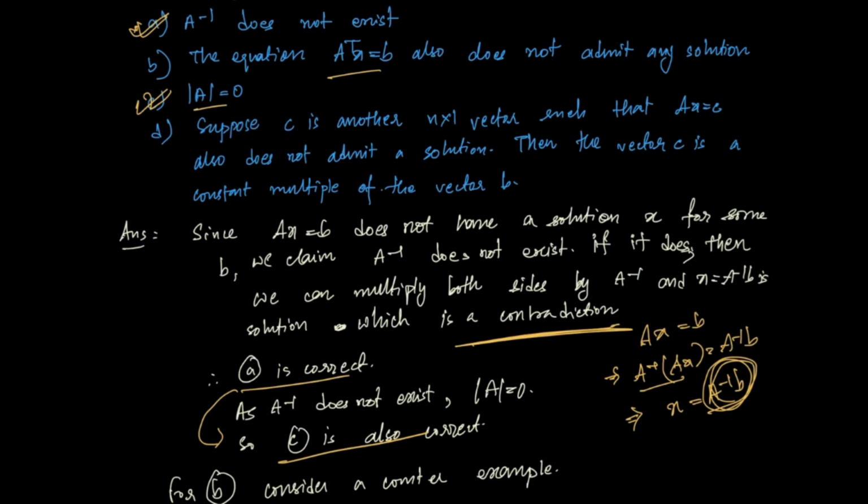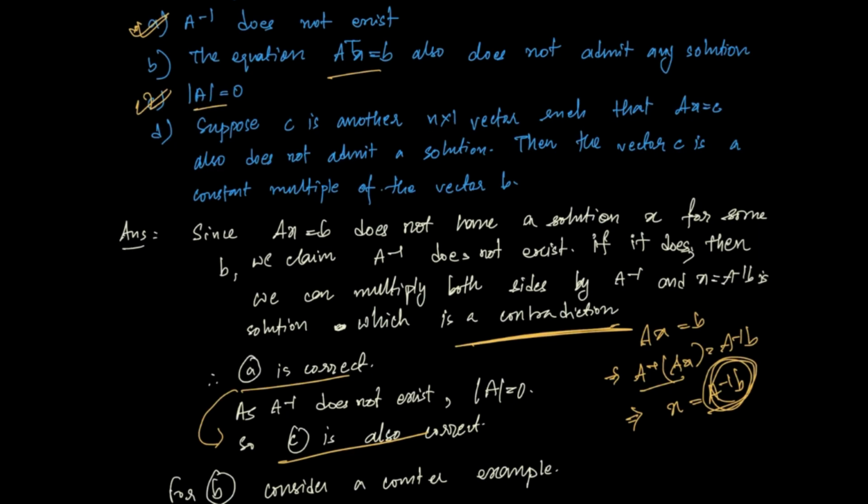This function A has a domain set of vectors and a range set of vectors, and for some vector in the codomain set, there is no corresponding vector in the domain set which maps there. That is what Ax equal to B not admitting a solution is basically.